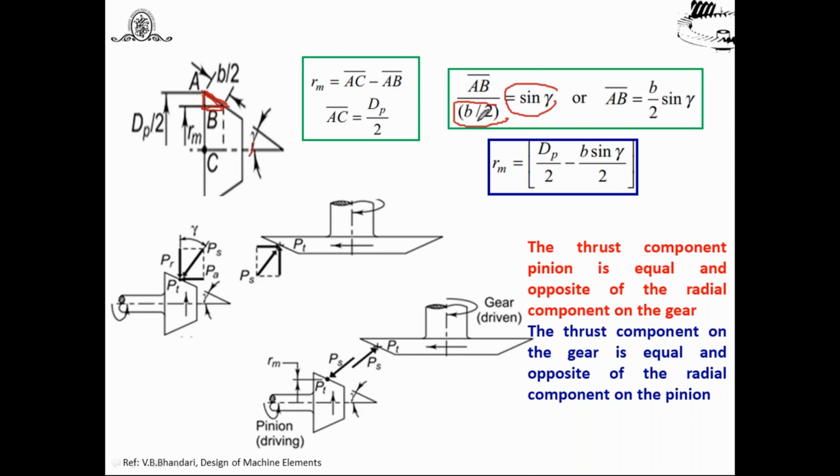Sin gamma is equal to AB upon b by 2. The AB bar is equal to b sin gamma by 2, and you can substitute the value of AC here. After substituting, what will you get? RM is equal to dP by 2 minus b sin gamma by 2, this relation. And by using this value of RM, you can easily find out the PT.